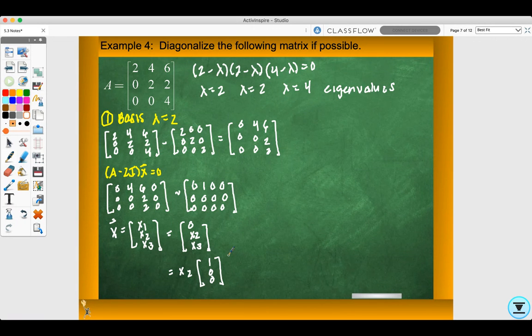And we're going to do the same thing for our basis of lambda equals 4. And so we would take A and subtract 4I.